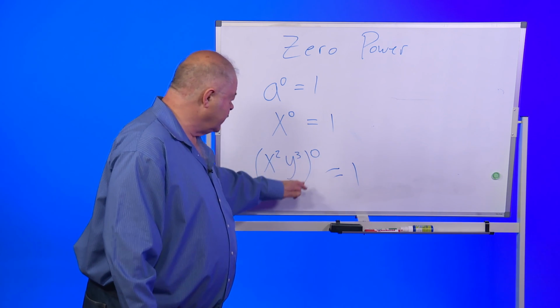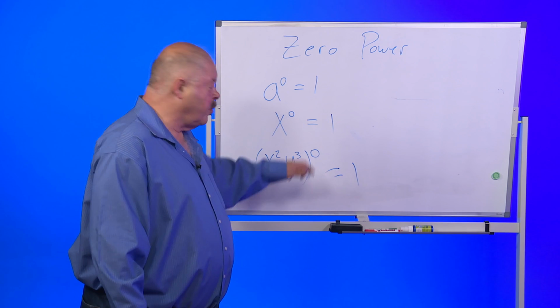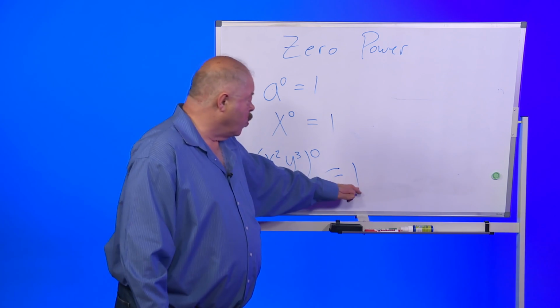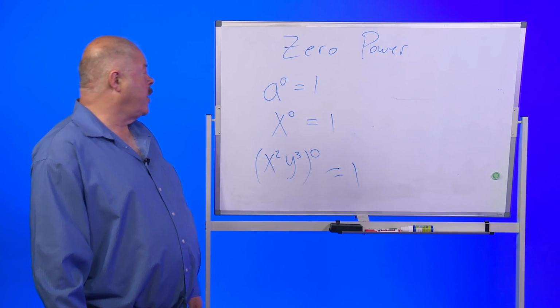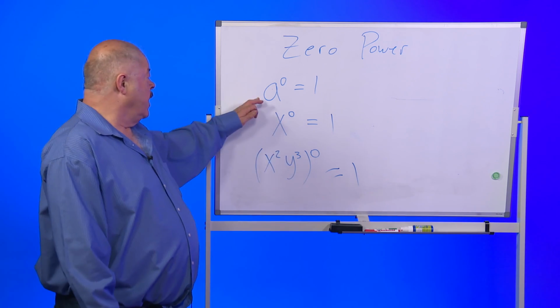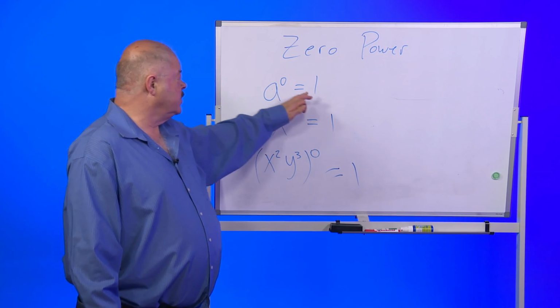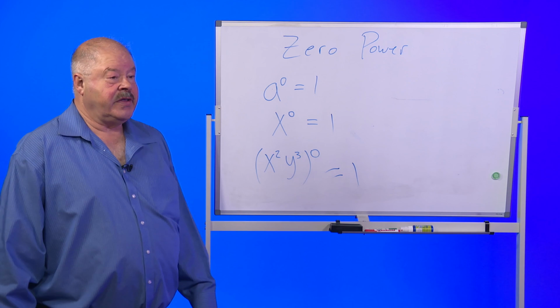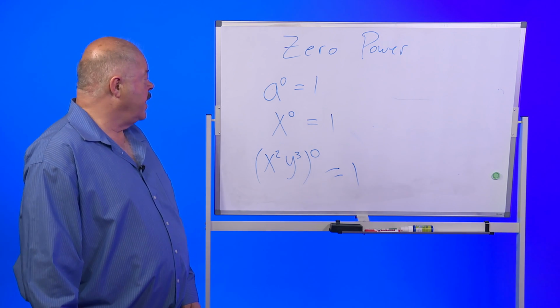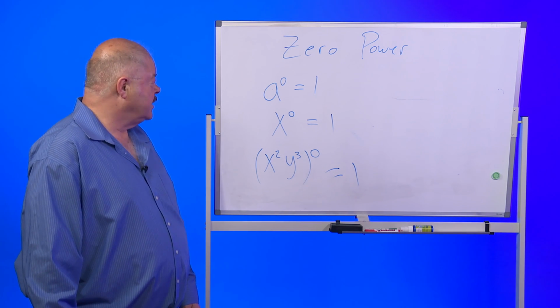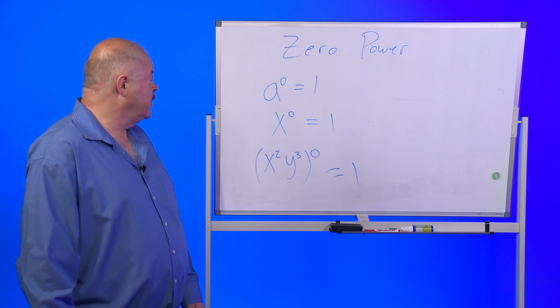All of the brackets to the 0, by definition, is 1. So that's the 0 power rule for exponents. A base to the 0 is 1. And so if you see that on the test, then that's a quick score of a point.